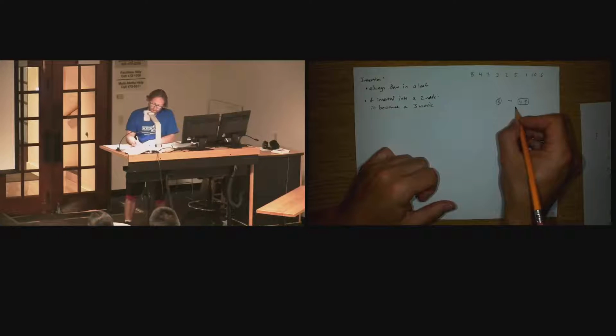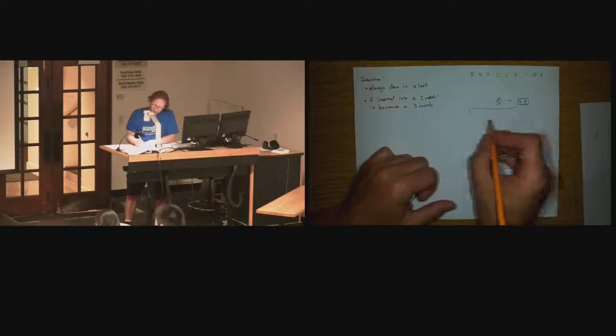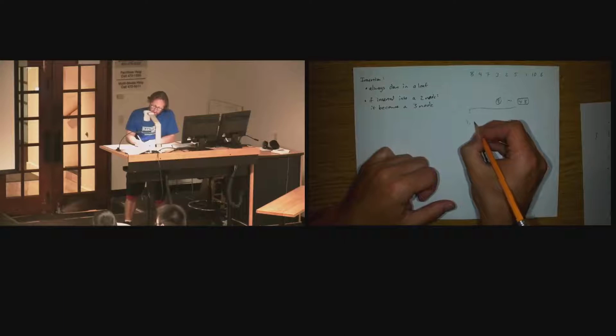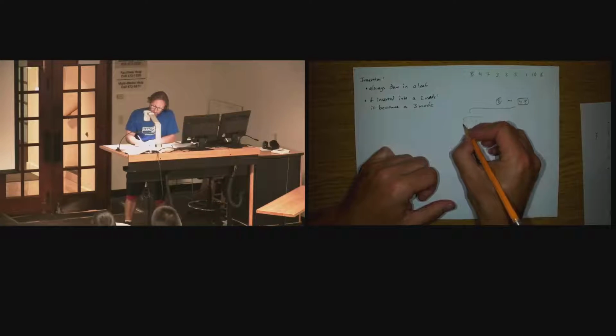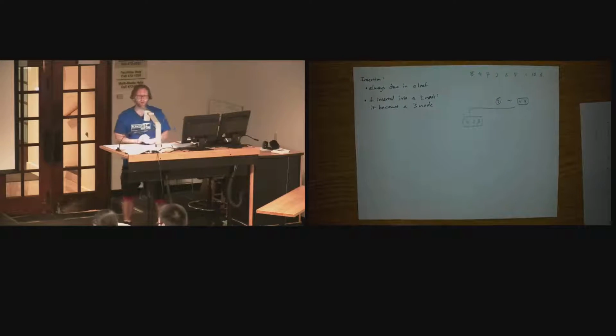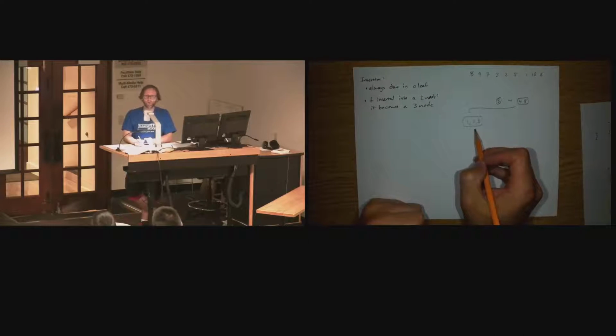Temporarily, what happens is that we've got 4, 7, and 8 all in the same node. Now, is this a 2-node or a 3-node? No, it's full, right? We need to get rid of somebody. Who could we get rid of? 7.